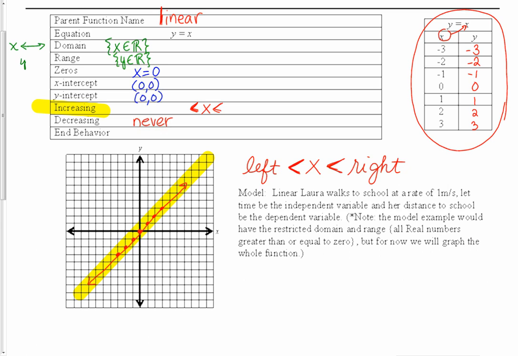Okay, so from left to right, let's see if I could sort of write some coordinates for where these arrows are going. If I were to say the coordinate, the x value of where this arrow is going, the x value would be all the way to the left forever, so it would be negative infinity. The y value of where this is going would also be negative infinity because it's down, and down is negative infinity.